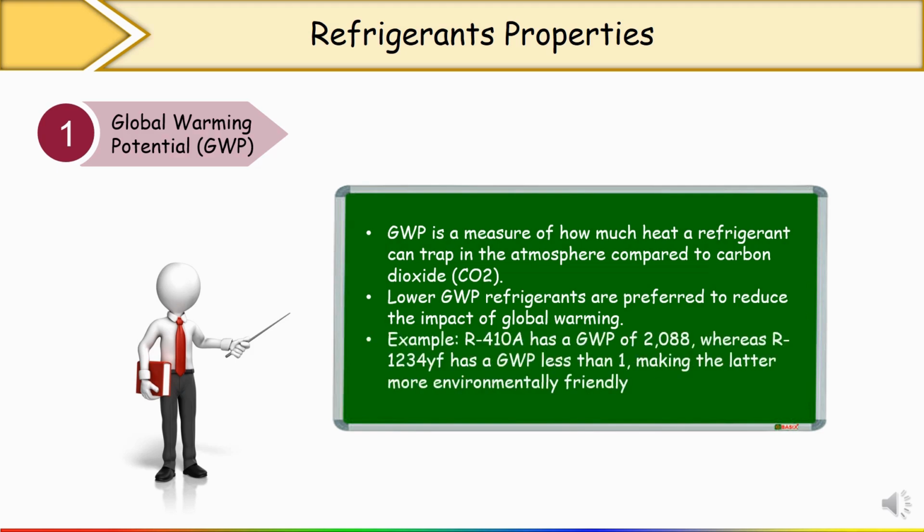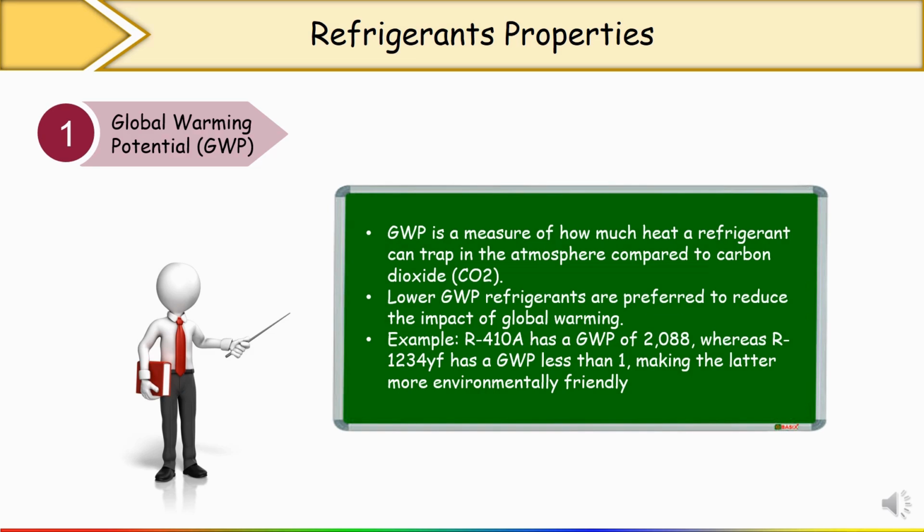Example, R404A has a global warming potential of about 2088, whereas R1234yf has a global warming potential of less than 1, making the latter more environmentally friendly.